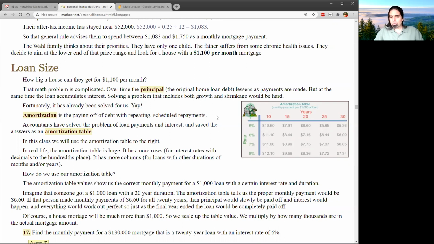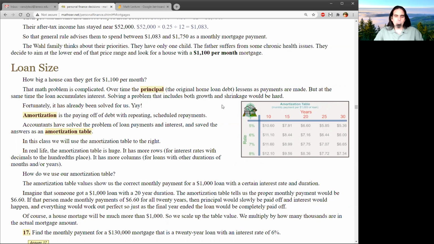It's also true that how long you get a mortgage doesn't have to be a multiple of 5 years. But we only need a few numbers to do example problems. So rather than have the huge amortization table that someone in real estate would really be working with, we're just going to use the simplified one and assume that all of the interest rates are either the whole numbers 5, 6, 7, and 8, or all of the years are 10, 15, 20, 25, or 30.